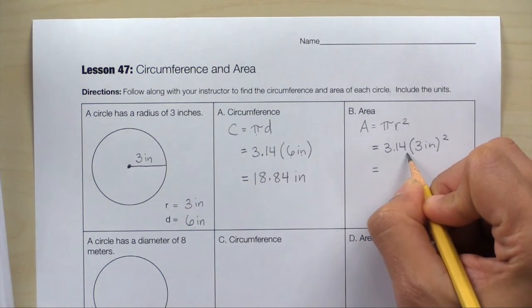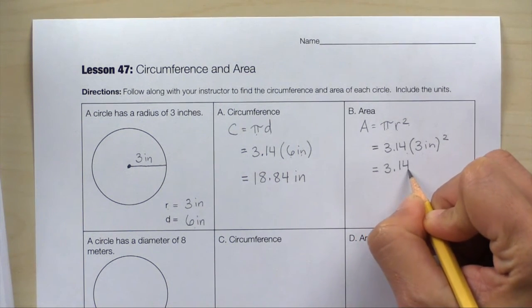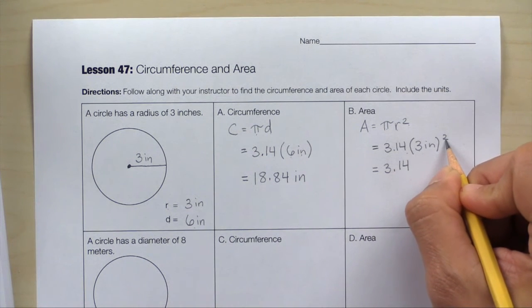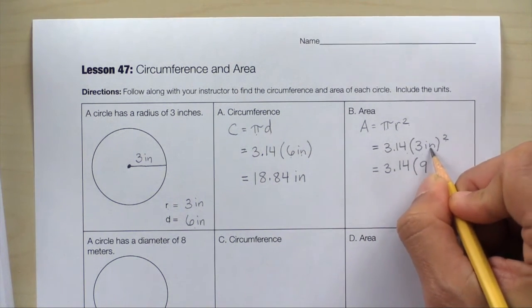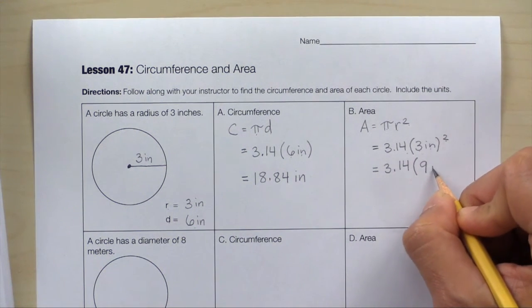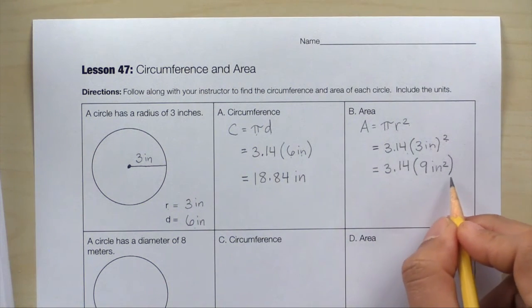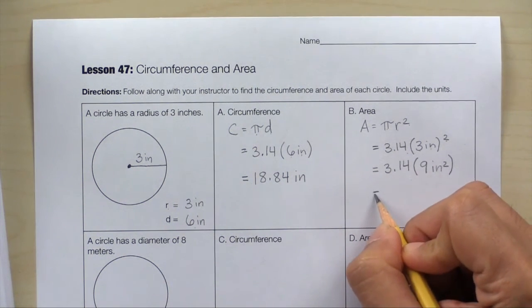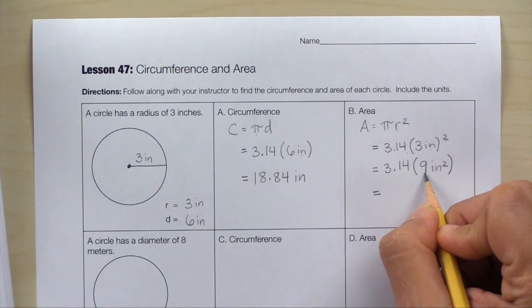Let's simplify. On the next line, here's 3.14. 3 squared equals 9. Inches squared equals inches squared. Let's simplify. 3.14 times 9.